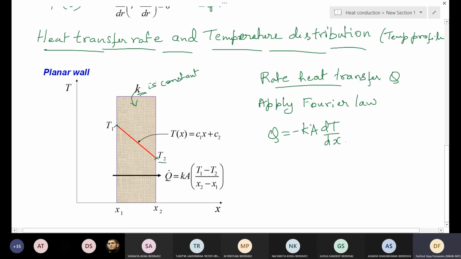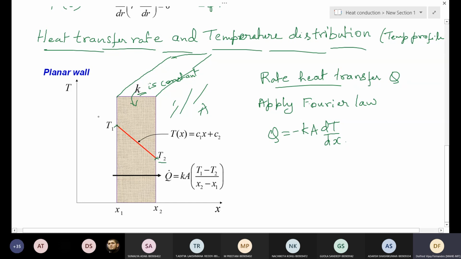We have the area, which we cannot see here, but if you make it a 3D view, the area of heat transfer will be the perpendicular area here. So it doesn't depend on the x value. That's one good thing.